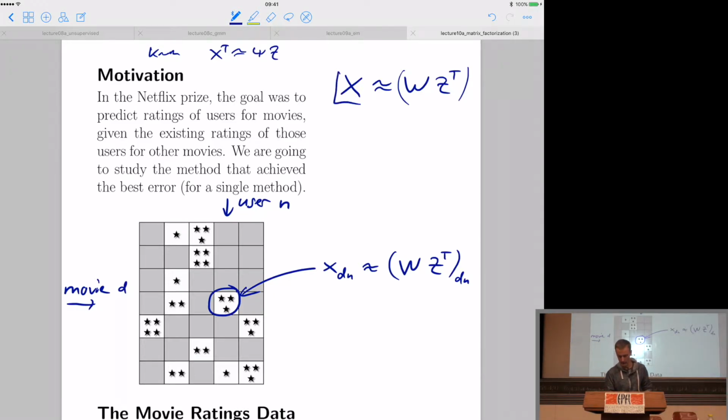From now on, when I talk about matrix factorizations, I will talk about this data matrix here, which is the transpose of what we had for k-means. But it's just a naming. Because here it's not clear what is a data point anyway. Is a user a data point or is a movie a data point? It's not clear, right? And also we don't care.